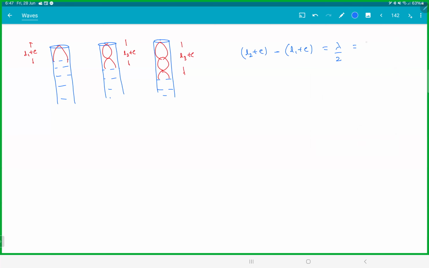But this is also equal to (L3 plus E) minus (L2 plus E). So one length to the next length, the difference is always lambda by 2. You get L2 minus L1 is equal to L3 minus L2. So we get L3 is equal to 2L2 minus L1. Easy. So whenever they say the readings are L1, L2, L3, the difference is always lambda by 2.